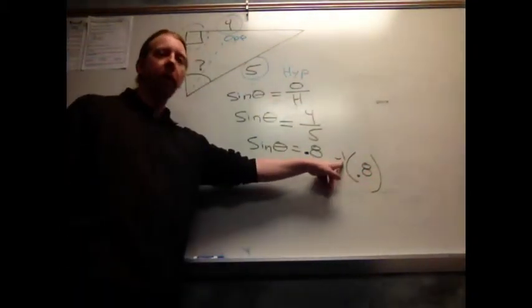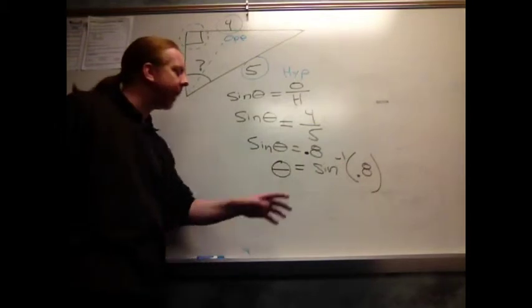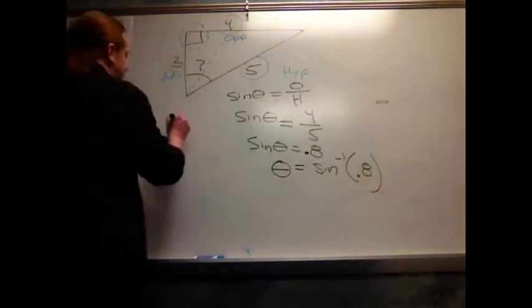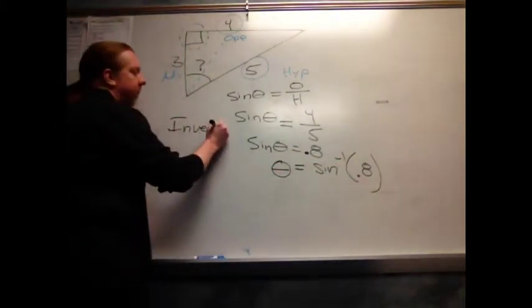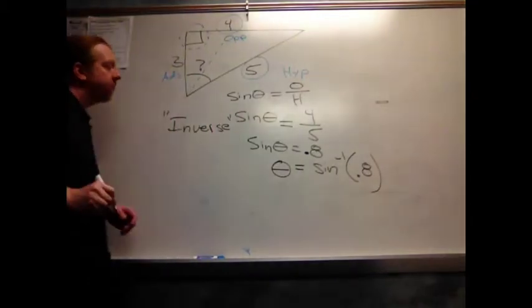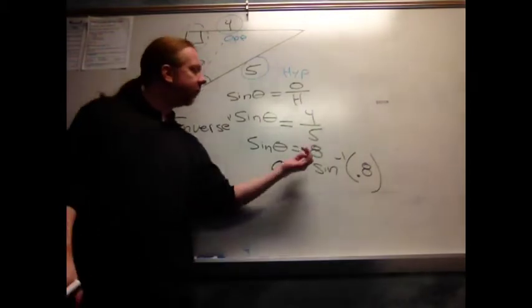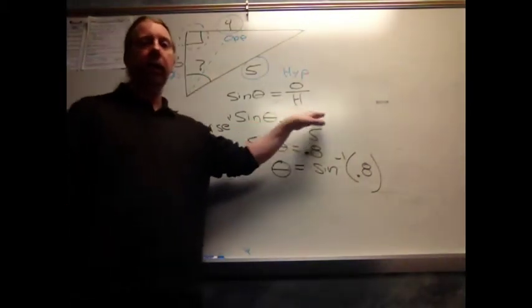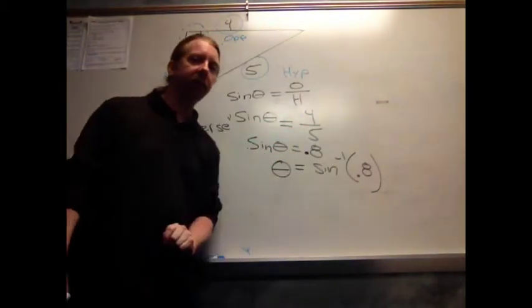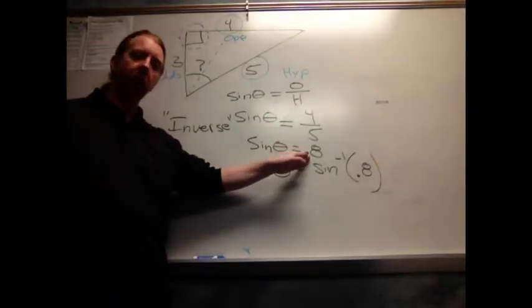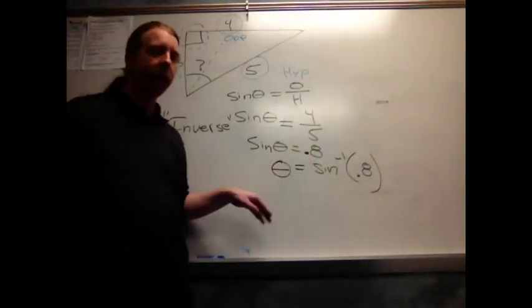Now this -1 is my way of telling everyone that I want the inverse. I want to do the opposite function. Normally, sine takes an angle and kicks out a ratio. I'm asking it this time to take a ratio and kick out an angle for me.